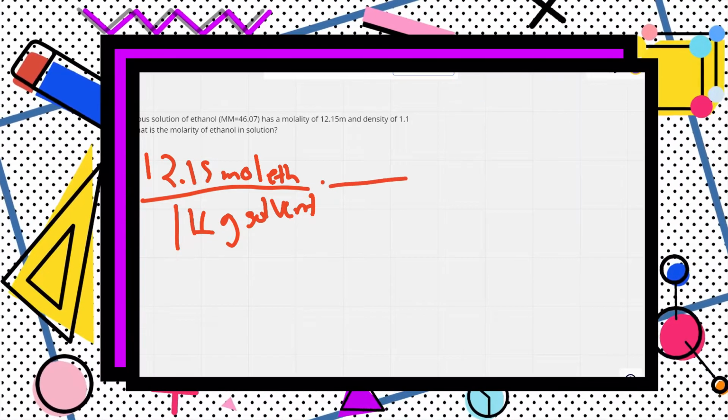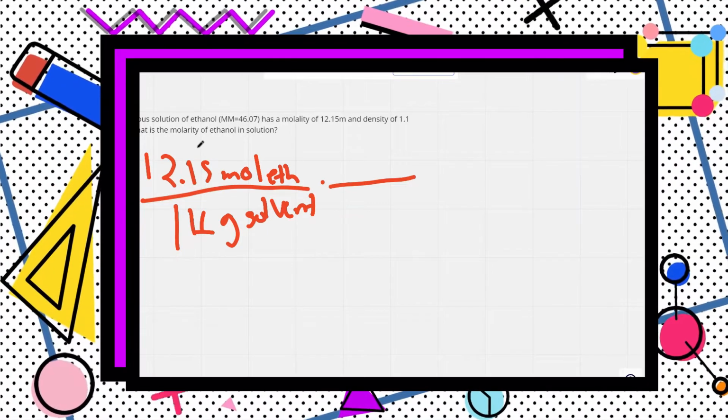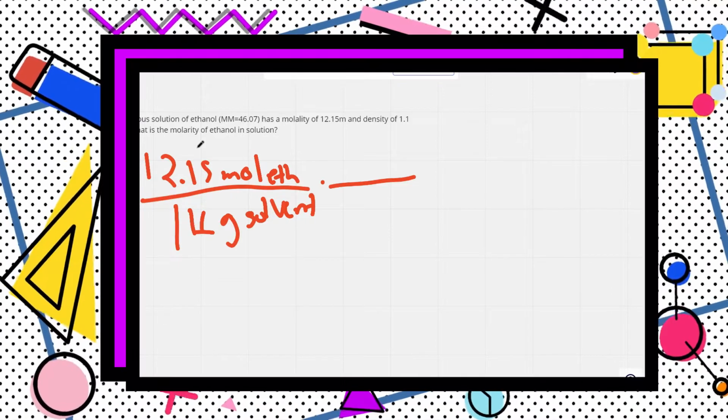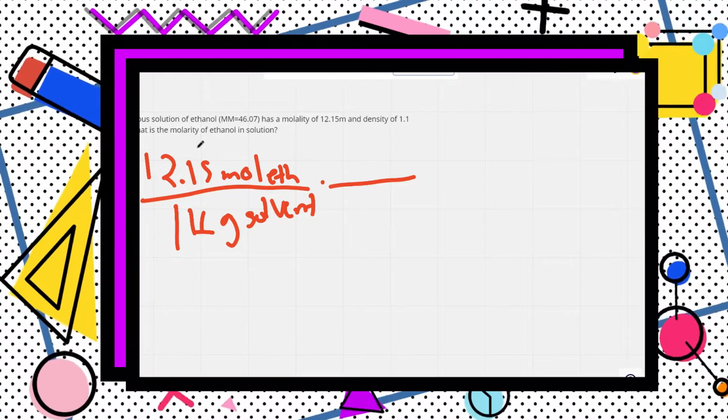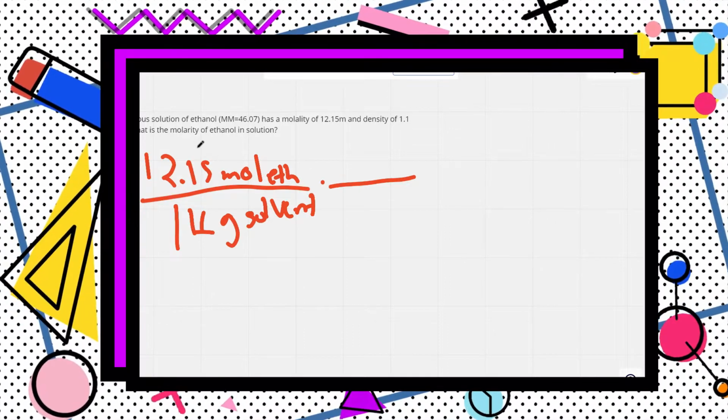From here, we're going to do a couple of different things. With this whole converting units, I can use this molality to my benefit if I just want to figure out my moles of ethanol, because eventually we need a way to get to moles over liters. And we're going to have to use moles in this case.